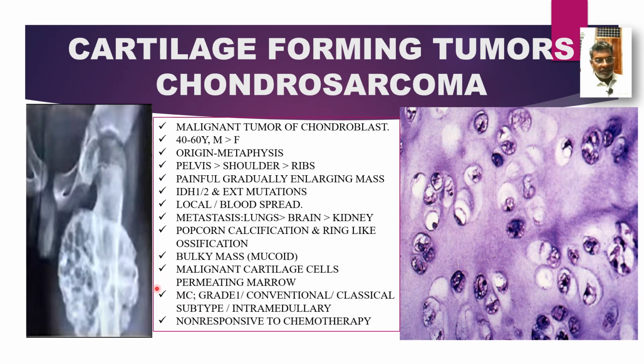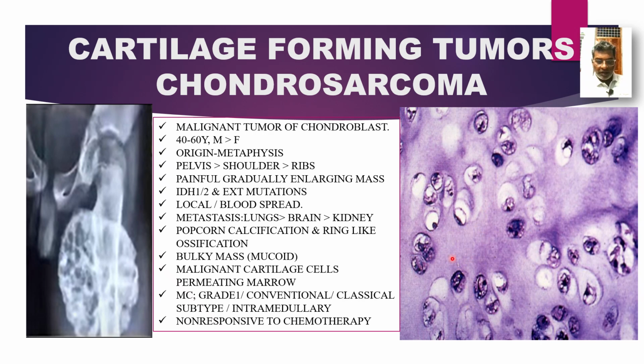So when we see this, it is a bulky mass looking like mucoid material, right? So grossly also it appears like that, bulky mass, mucoid in appearance. And if you see the cells, they are malignant cartilage cells permeating the marrow.